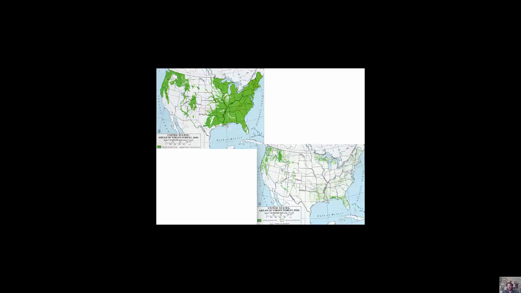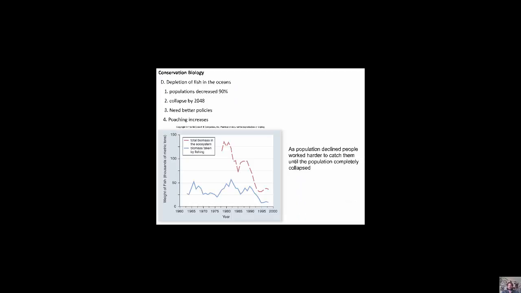So it's even worse now, although there are environmental laws in place, public lands, where we're trying to manage that. So, again, political action, laws, those are the best way to try and save forests.